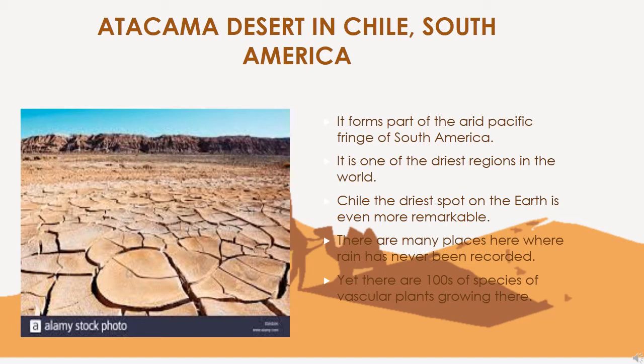Inhabitants grow dry weather produce such as olives, tomatoes and cucumbers, and herd alpacas for a living. This desert area is very famous for mining copper. Isn't it wonderful to know about this driest part of the world?